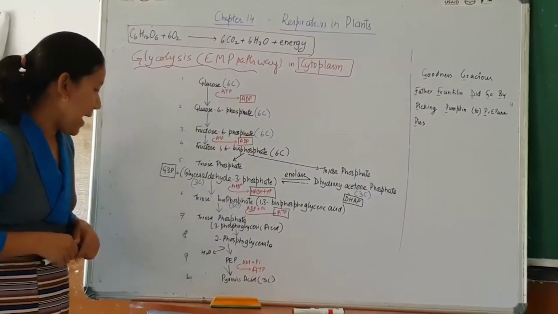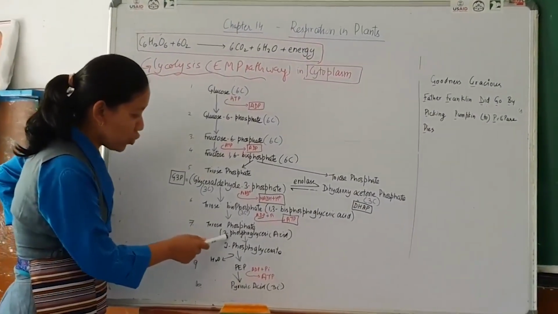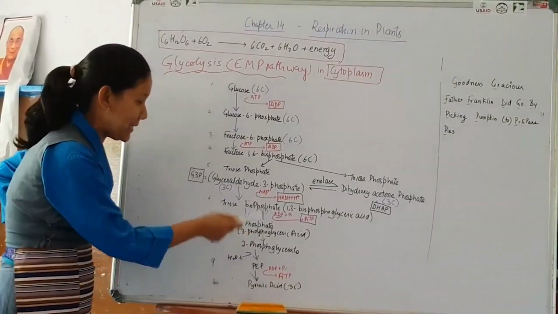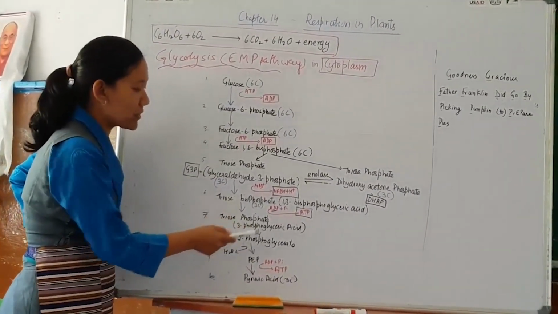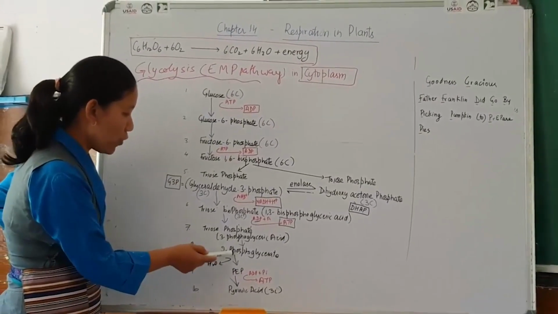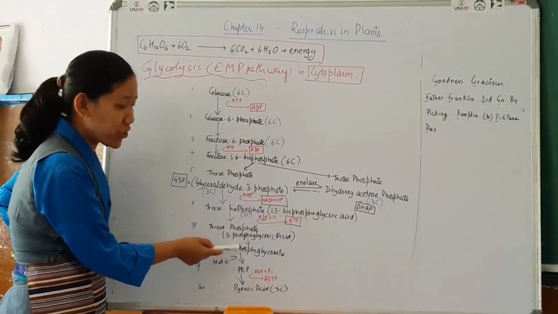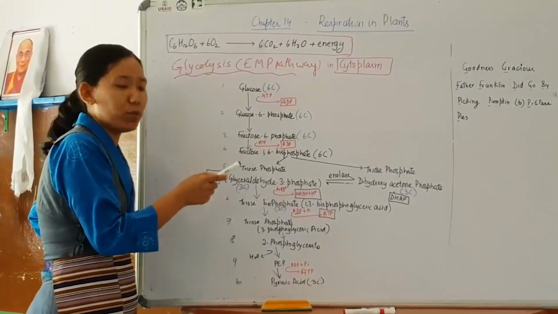3-phosphoglyceric acid, again here this number shows the position of the phosphate on the glyceric acid. So carbon number 3 has this phosphate group, so 3-phosphoglyceric acid, and then it converts into 2-phosphoglycerate. Here, again, the position of the phosphate has changed. It has moved from carbon number 3 to carbon number 2.